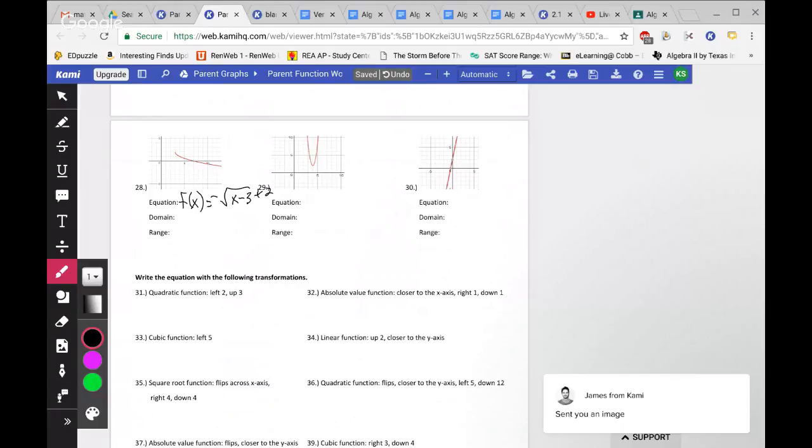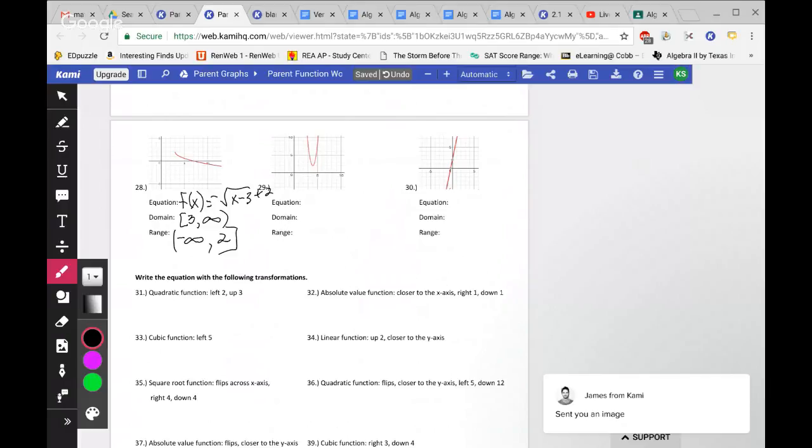So what's our domain? 3 to infinity. Good job. And the range? Negative infinity to 2. Yes. Good job. When they're flipped like that, you really have to think about where it's going to venture to.